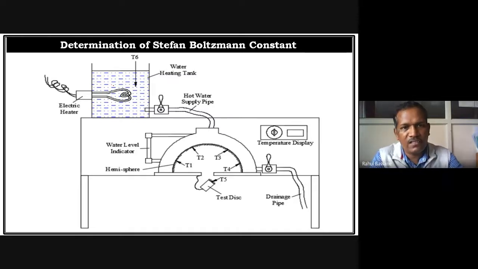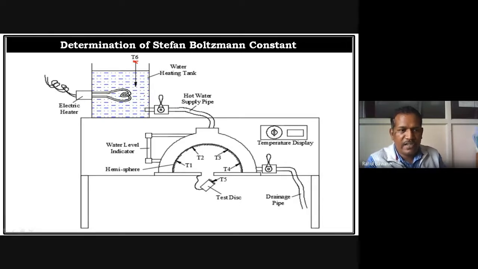We have to raise the temperature of this tank water to at least 90 degrees centigrade, anywhere from 90 to 100. This temperature will be shown by thermocouple T6. So we have to check the T6 knob, which shows the exact water temperature in that particular water tank.